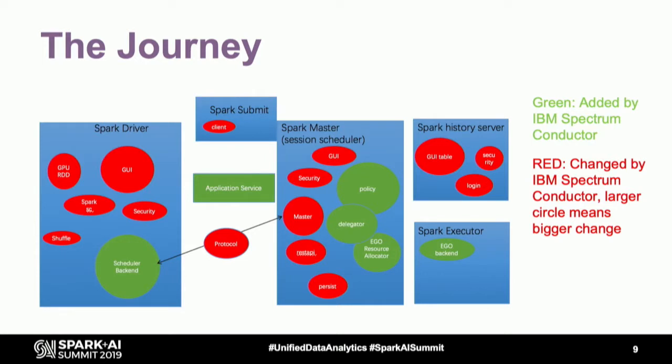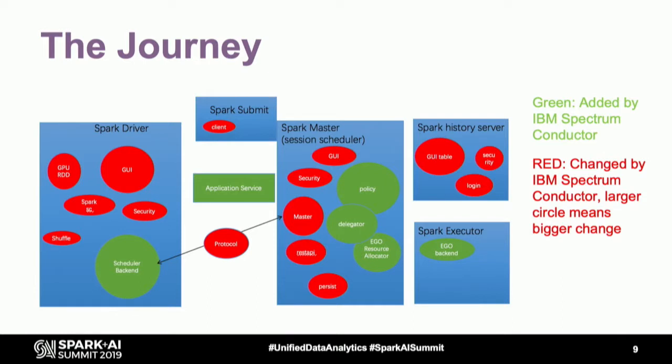And as we can see here, we've also changed the protocol for how the Spark driver and the master communicate, and then now communicate through the scheduler backend. And then in addition to this, we have the REST APIs and how we persist things. So those are the ones that we've changed.